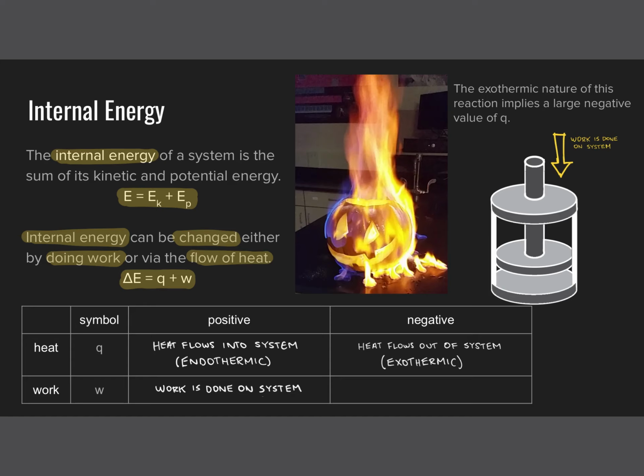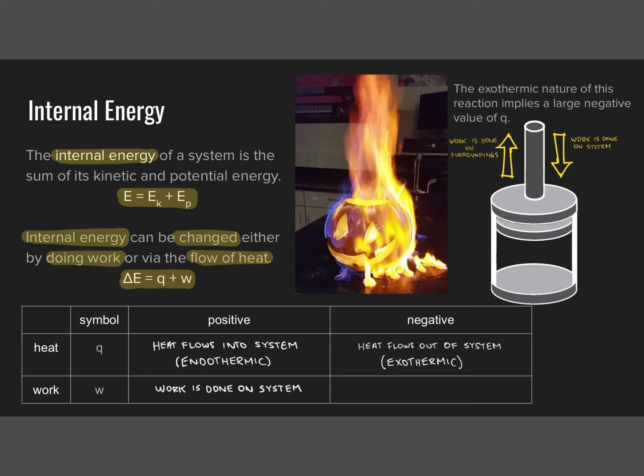But imagine the exact opposite process occurring. If that piston, which we have compressed by pushing inwards on it, is then allowed to move back outwards and expand, then the system will be doing work on the surroundings. This is exactly the idea that helps your internal combustion engine in your car cause the car to move.